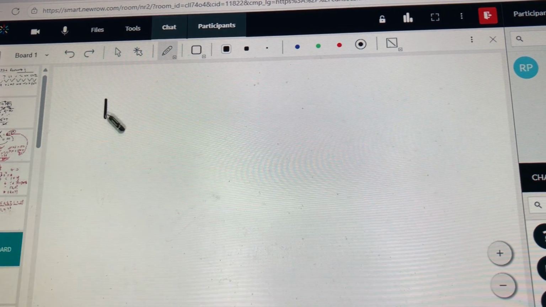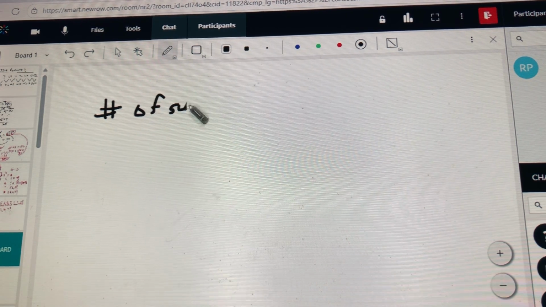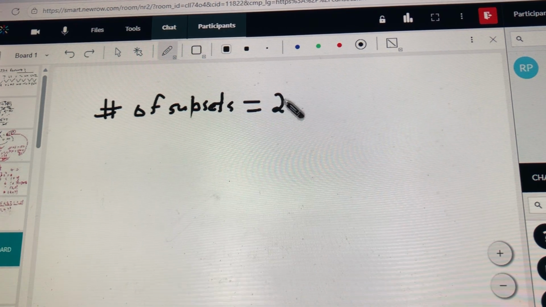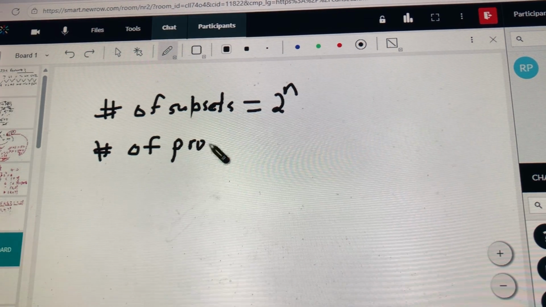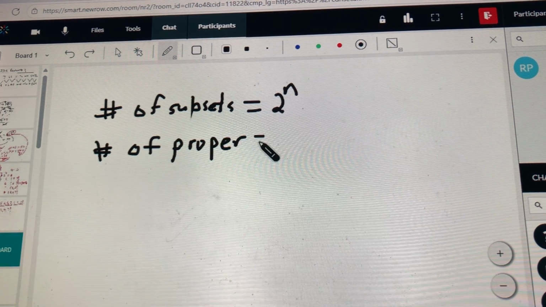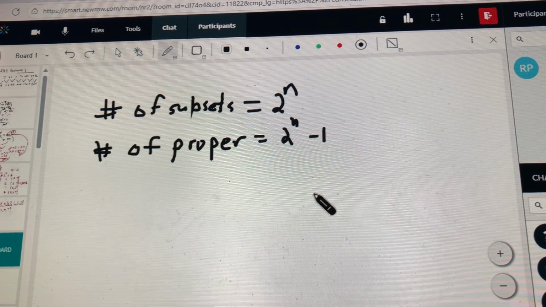And we were only doing the subsets that time, but the number of subsets is 2 to the n. It turns out the number of proper subsets is always 1 less than that. You do that first and you just literally subtract 1.